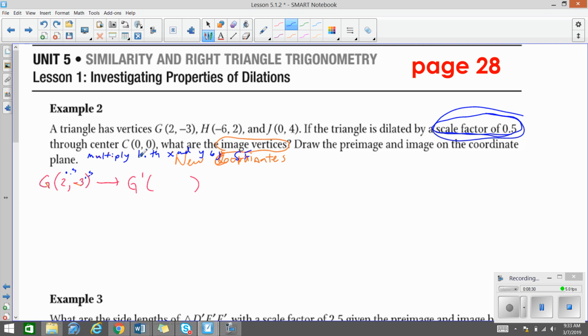That's how you find your new shape. 2 times 0.5, or 2 times a half, is 1. -3 times 0.5 is -1.5. So that's how you get G prime.